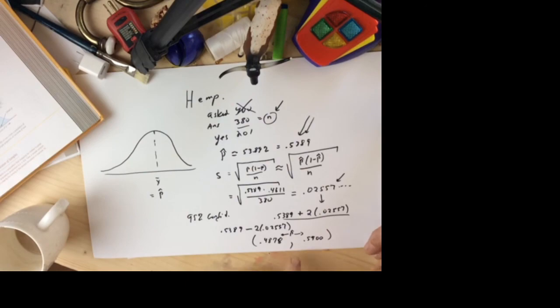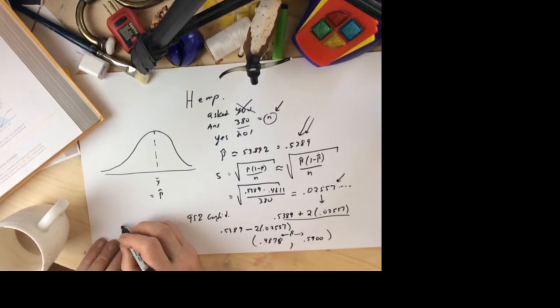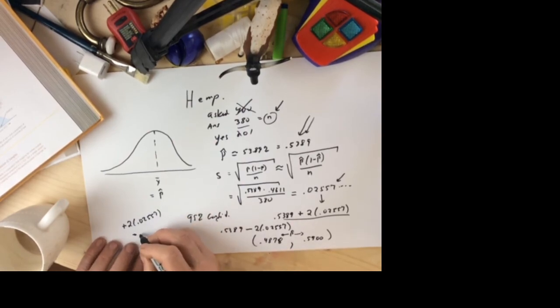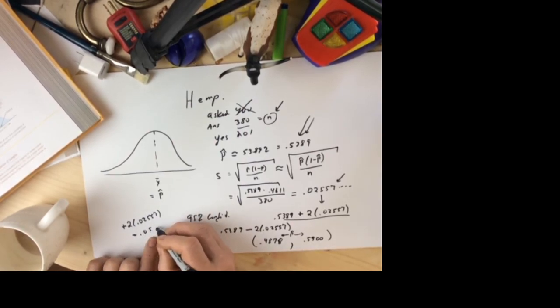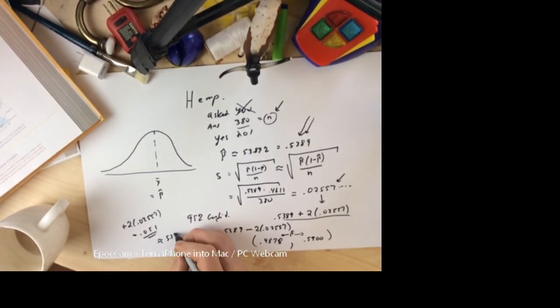The variability of chance in the right answer is called the margin of error. So right now when I calculated plus 2 times 0.02557, which gets 0.051, we approximately have a 5.1% margin of error.